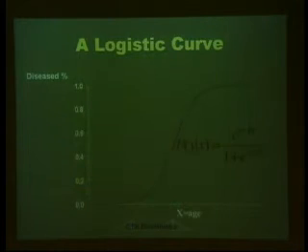Statistically, the logistic function is described by this form. You have 2 parameters in this case, and if x is age, and y is the probability of the presence of the disease, this is the logistic curve we have here.